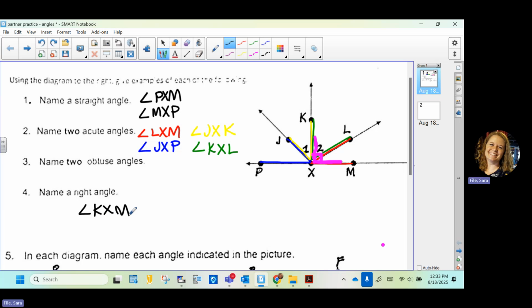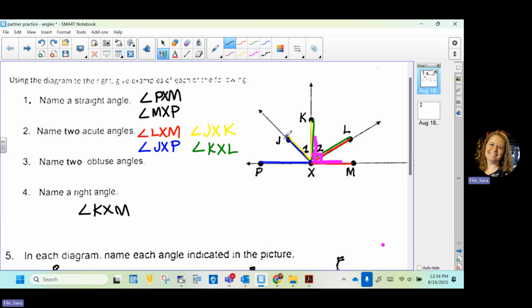Okay, now obtuse means greater than 90. So if I started at M to X, because X is the vertex of all of these, right? X is the middle of all of these angles. So if I start at M and go to X, if I go to L, that's acute. If I go to K, that's right.